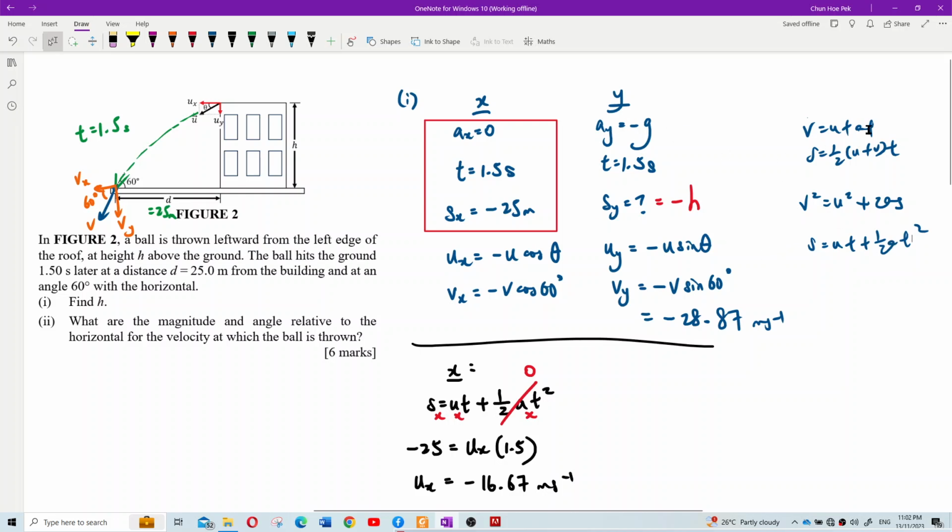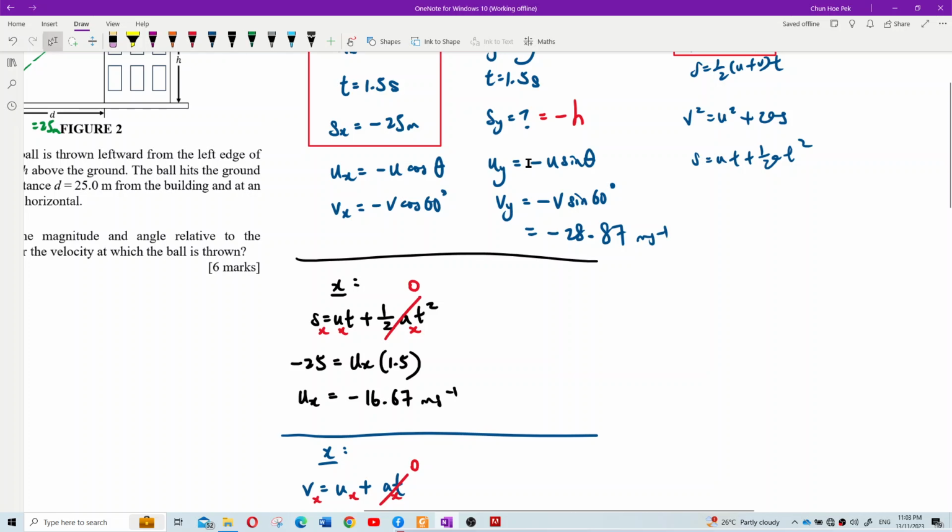I have a, I have v, I have t. I can find my u, class. Just use the first formula, v equals u plus at.